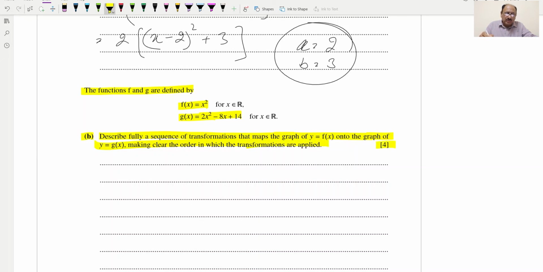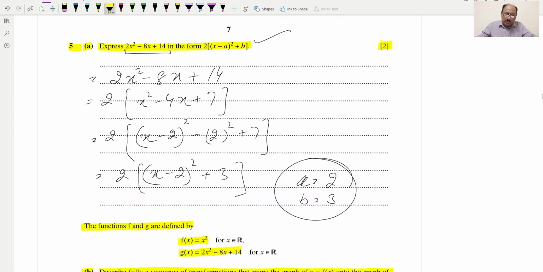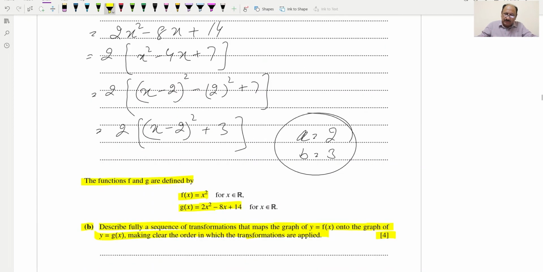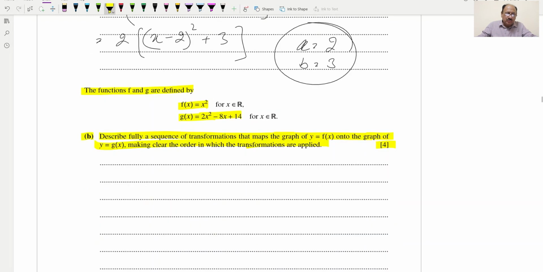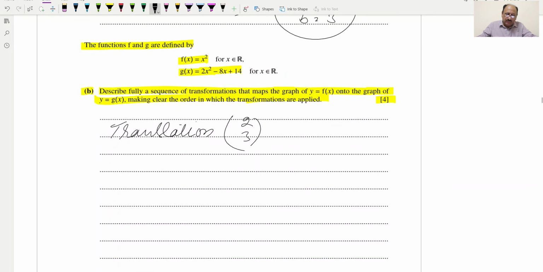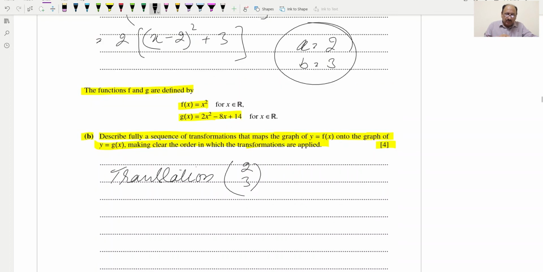So the transformation will be, with a value 2 and b value 3, a translation by vector 2 and 3. So by vector 2 and 3, and then it will be a stretch by factor 2.